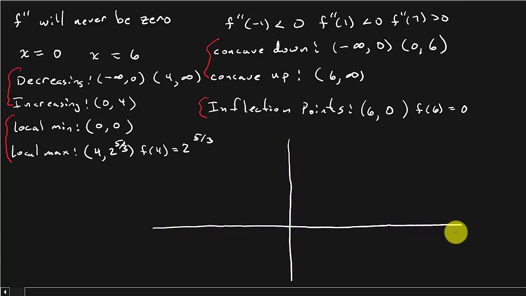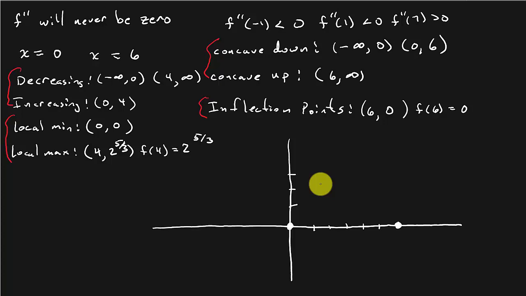All right, so I want to go through marking off my points and everything. I've got the point 0, 0. I've got the point 6, 0. So let's see, 1, 2, 3, 4, 5, 6. So there's 6, 0. And then I've got 2, 5/3. 2 to the 5/3, what is that? 2 raised to the 5 divided by 3.